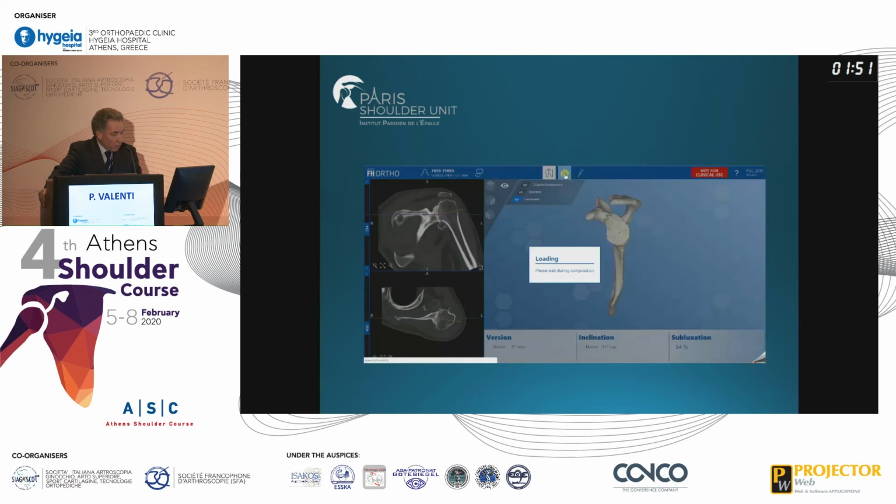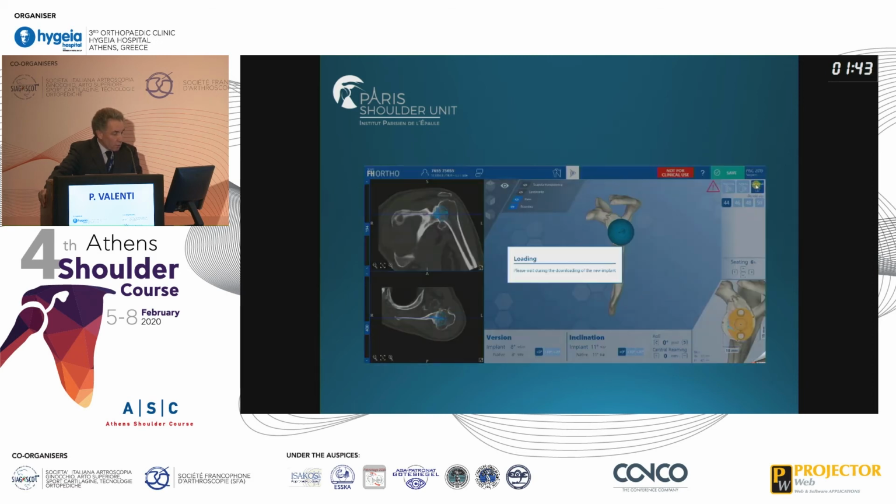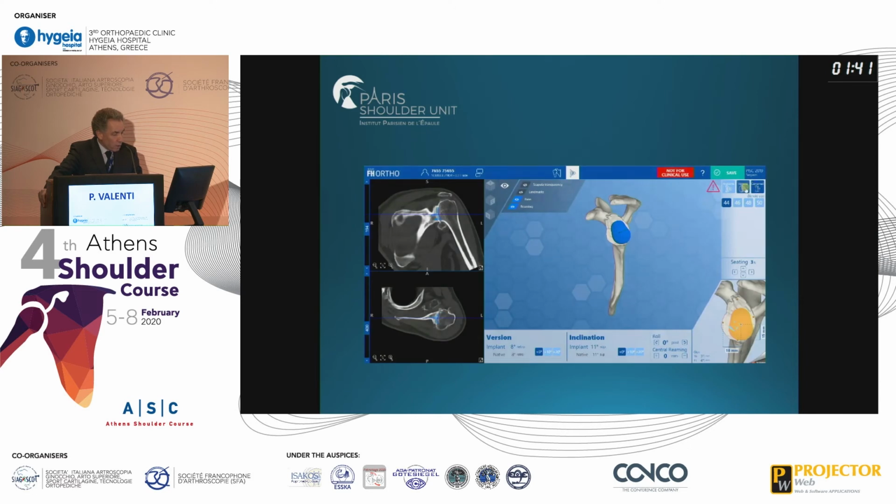After you can put the prosthesis, you have many possibilities, 44, 46, you can do anatomic, you can do reverse, and you check systematically and simultaneously on the coronal plane and sagittal plane.